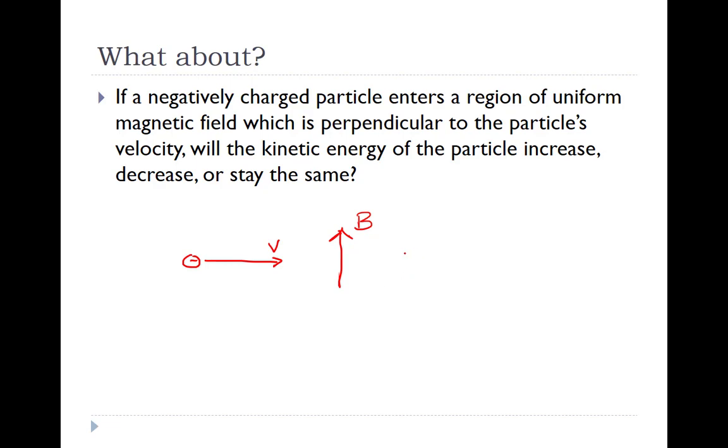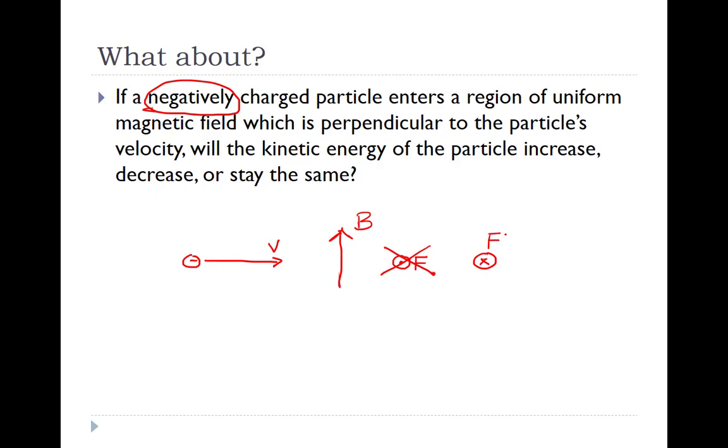By right-hand rule B, the force in this case will be out of the page, but this is not correct because it is a negatively charged particle. The right-hand rule gives the direction of the force on a positively charged particle. To get the direction of the force on a negatively charged particle, we've got to flip it around.